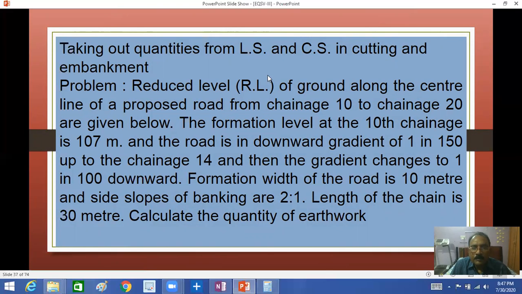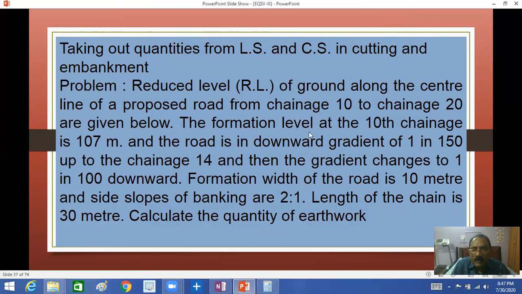Here in this problem, the reduced levels are given. See this problem: the reduced levels of ground along the center line of a proposed road from chain 10 to chain 20 are given below.